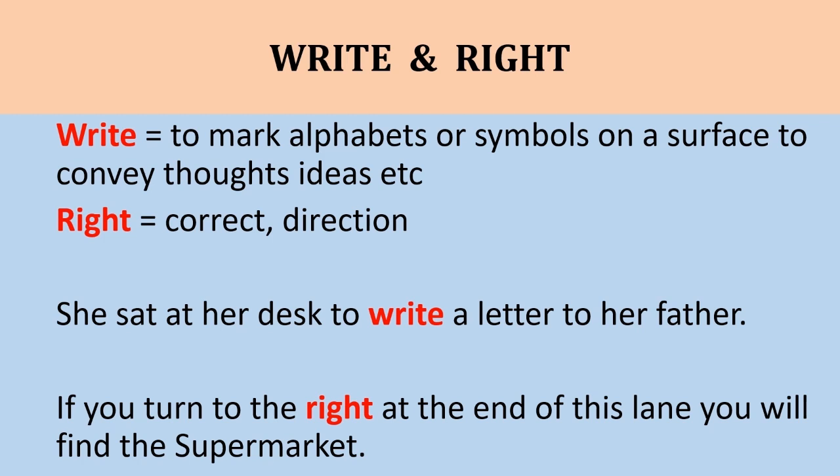W-R-I-T-E, write, is to mark alphabets or symbols on a surface to convey thoughts, ideas, etc. Now when we take a pen and start using the paper, then what you do is you write. R-I-G-H-T, right, is correct, or it is direction, turn right, go right. You know, as you walk ahead, you see it on your right, like that. The right is also direction.